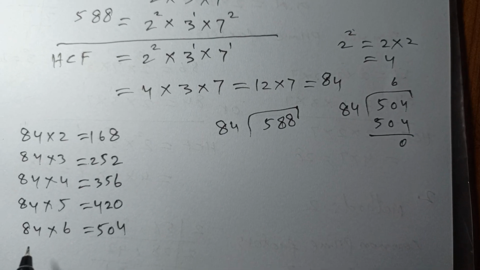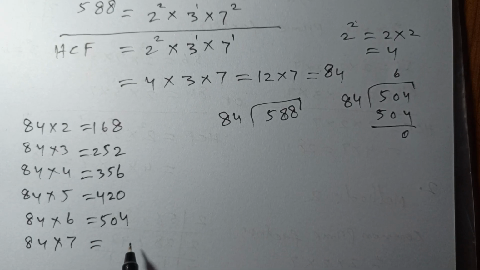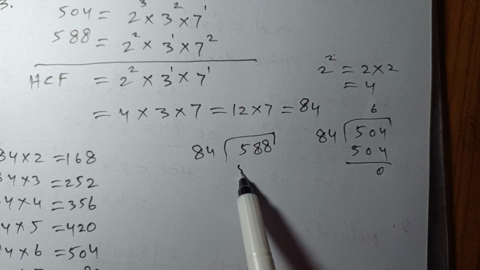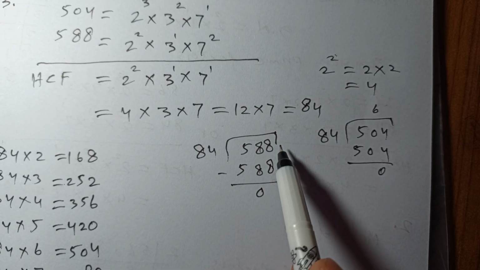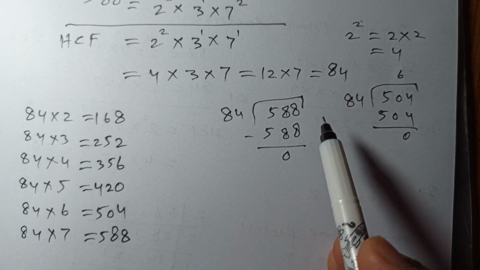Now see here, 84 multiplied by 7, 7 4s are 28, 8 here 2 carry, and 7 8s are 56, 56 and 2 58. See here 588, remainder 0, and our answer is 7 here.